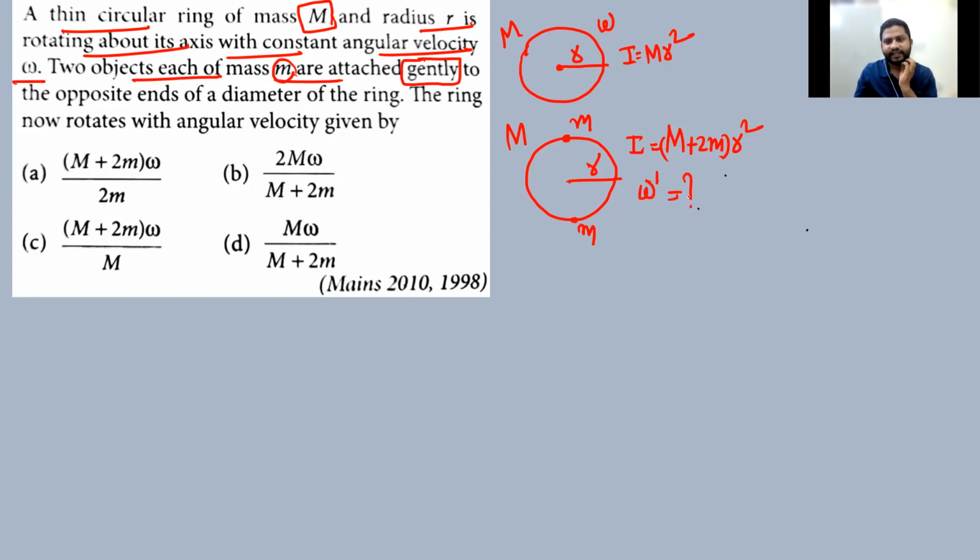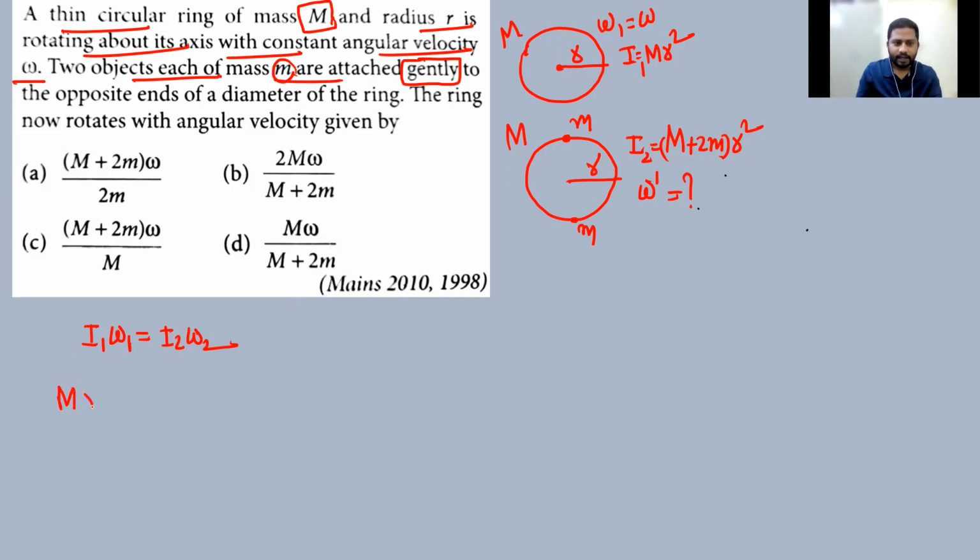So you know I1, I2, you know omega 1, and you should find omega 2. What is the concept we should use here? So I1 omega 1 is equal to I2 omega 2. There is no external torque acting on it. The law of conservation of angular momentum is valid.